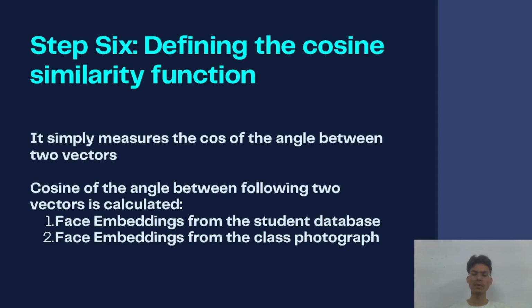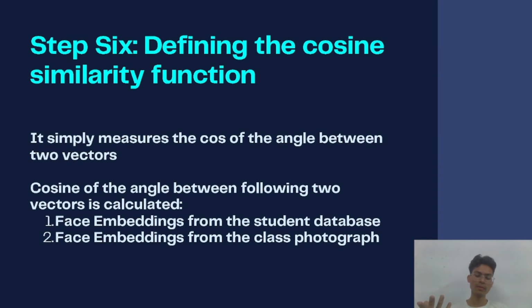It is a simple function that measures the cosine of the angle between two vectors. What would be these two vectors? The first vector would be the face embedding from the student database, and the other vector would be the face embedding from a group photograph. So there would be n vectors from the group photograph, and n vectors from the student database. Now the cosine similarity is calculated.